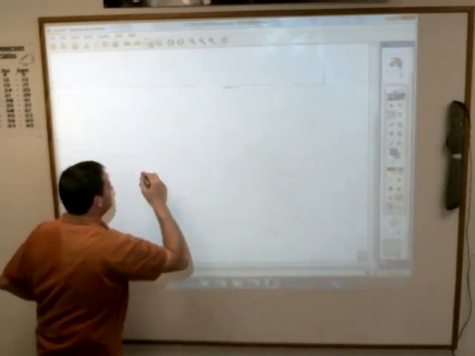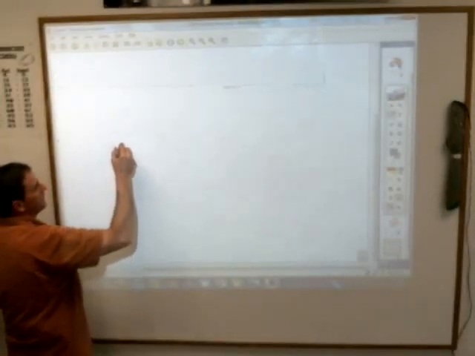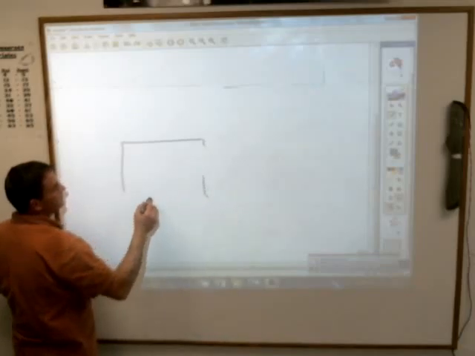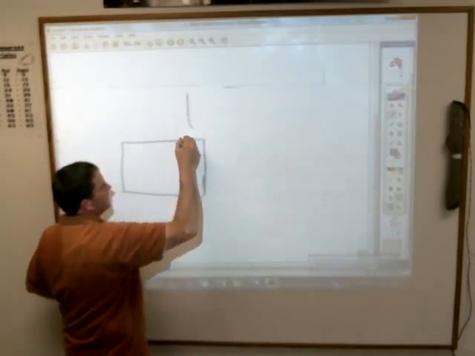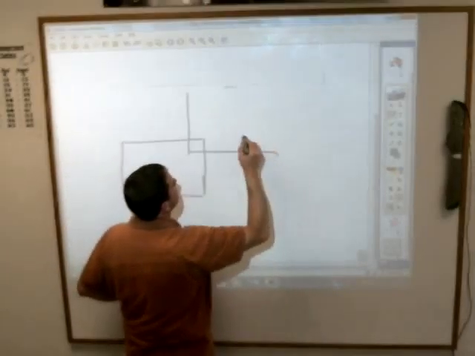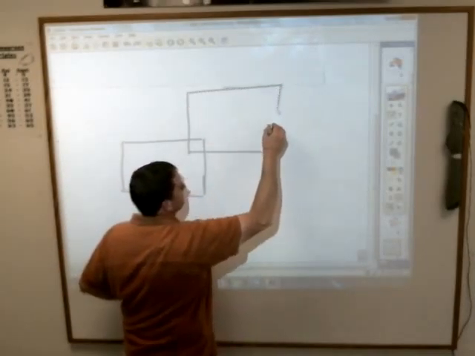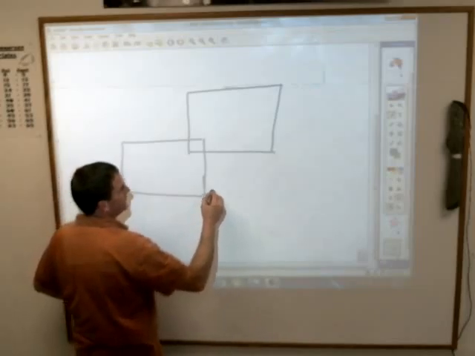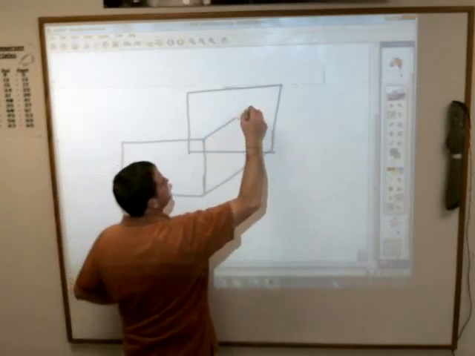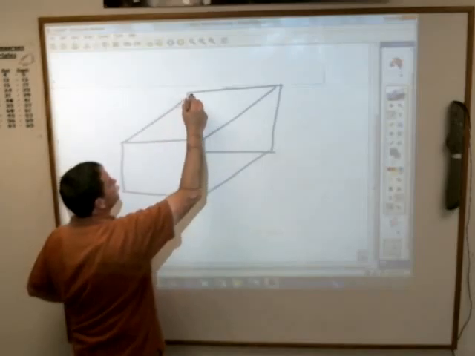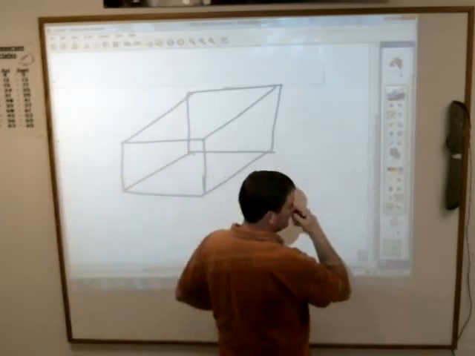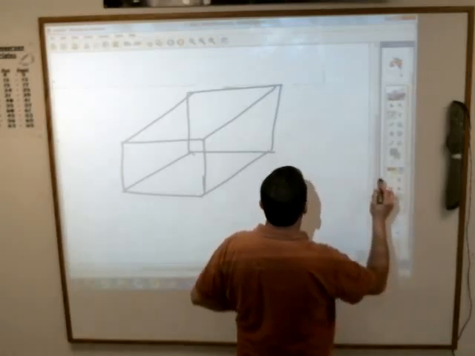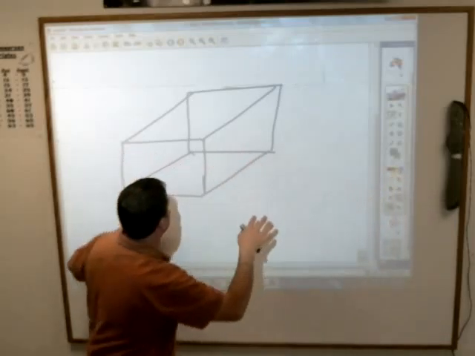Here we go. Draw a nice rectangle here. You already got this rectangle. And then draw another rectangle the same size behind it here, nice and light for right now. And then connect these lines here. Now the ones in the back you shouldn't be able to see, but this is our room actually.